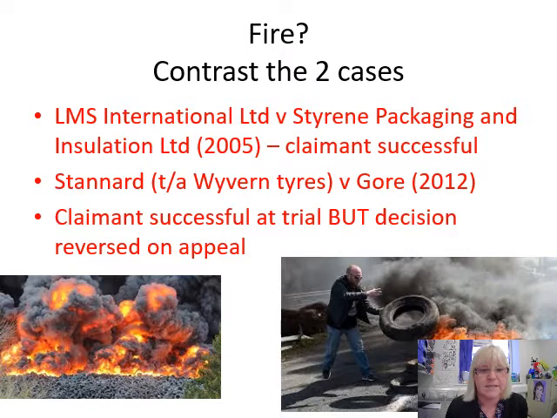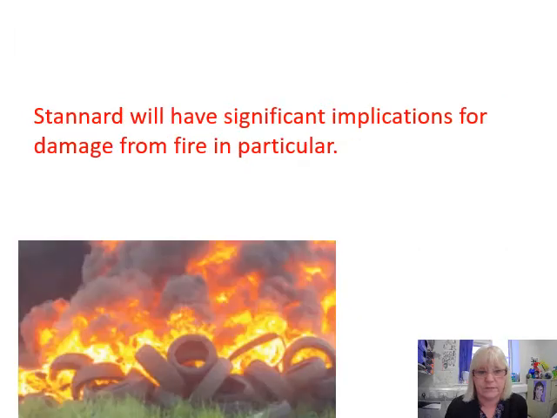Now, we have got two cases that I want you to read there to contrast. Now, hopefully you've read those two cases and you can see what the judge is trying to say in Stannard, which is that the tyres were naturally stored in a garage. That's where you'd expect to find tyres.